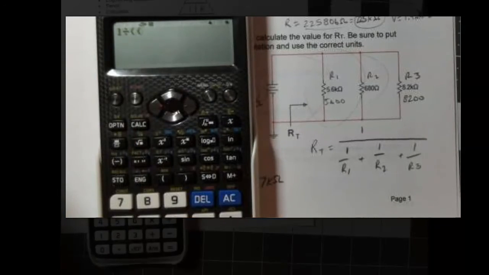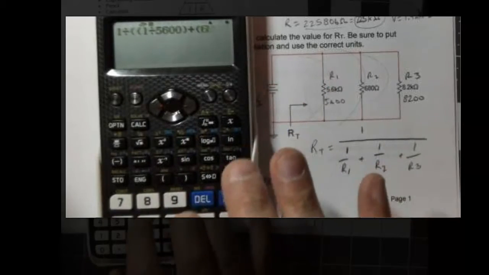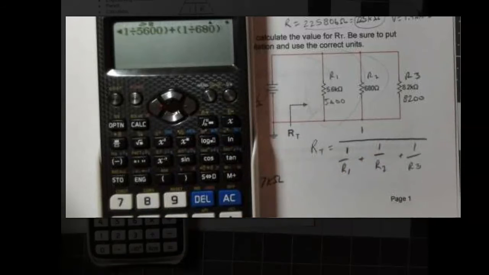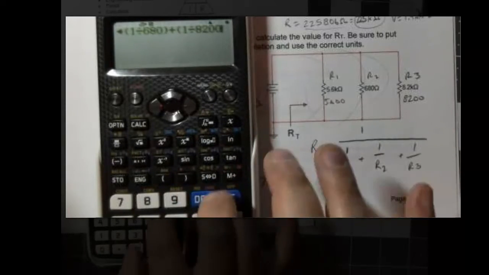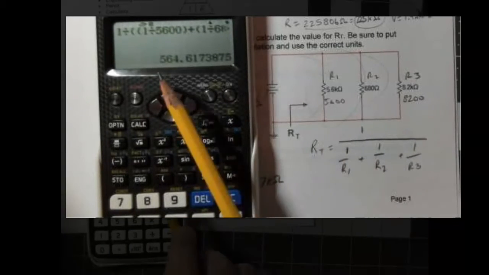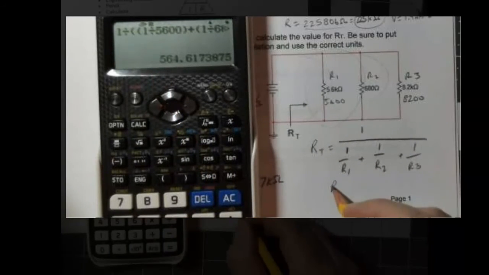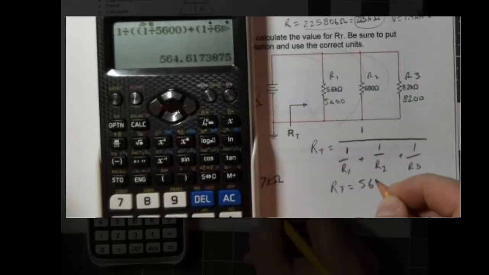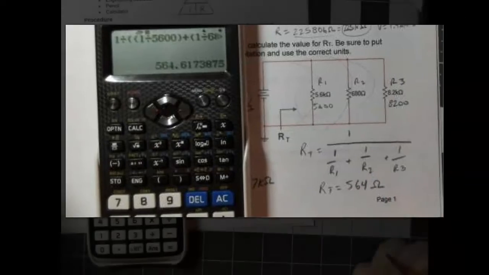So parentheses, parentheses, 1 divided by 5600, parentheses close, plus, parentheses open, 1 divided by 680, parentheses, plus 1 divided by 8200, parentheses close, close, equals 506. So the total resistance for this parallel circuit is 564 ohms.